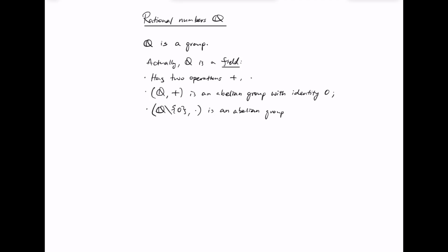And here the identity is the number 1, because 1 times anything equals that thing: 1 times A equals A. Now, why can't 0 be a part of this group? It's because 0 doesn't have an inverse. Everything else has an inverse, namely the inverse of A is 1 over A, and that's only defined if A is not 0.